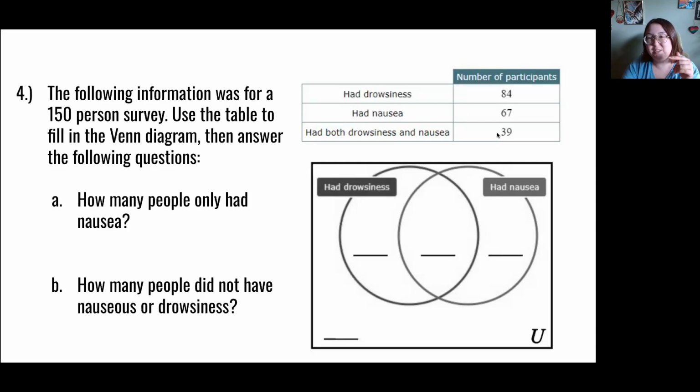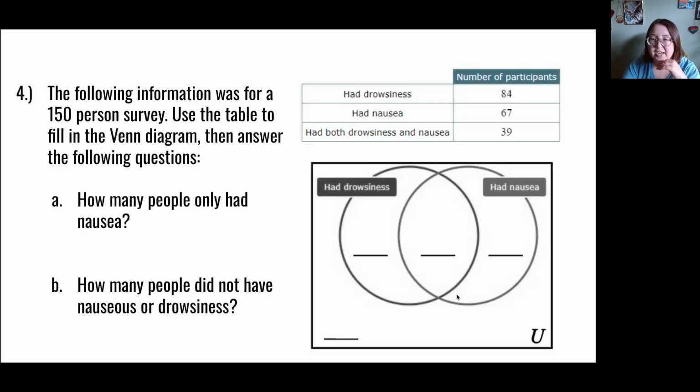The thing that these do not specify is that they are not only drowsiness, not only nausea. So it's saying that for drowsiness, 84 people had drowsiness. It's saying that this entire circle here counts for 84. And same thing for nausea. 67 people had nausea.